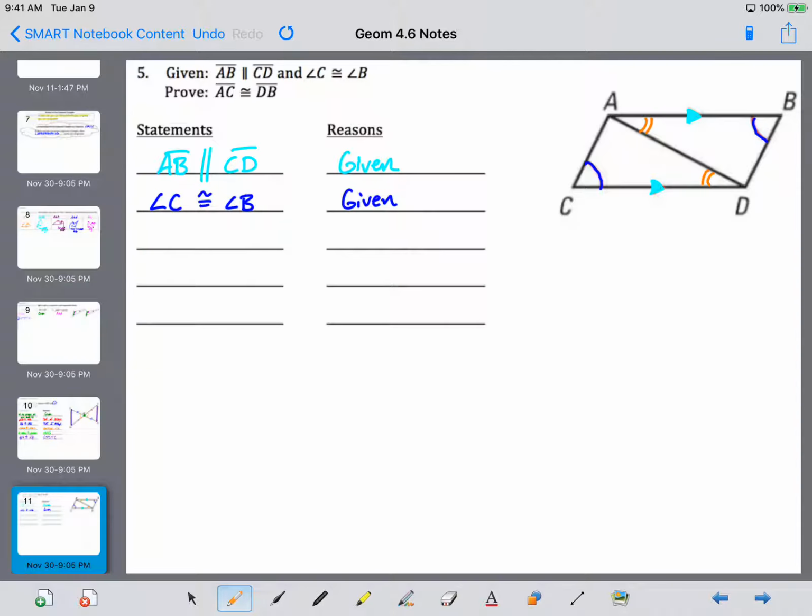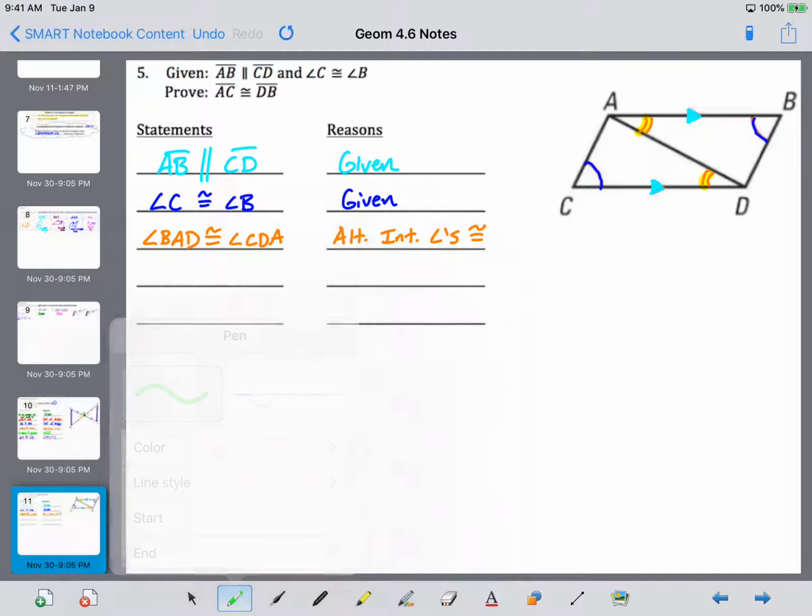So I'm going to say angle B, from B to A to D, that would be this angle up top, is congruent to angle CDA, that would be this angle on the bottom, because those are alternate interior angles, and we know that those are congruent when you have parallel lines.